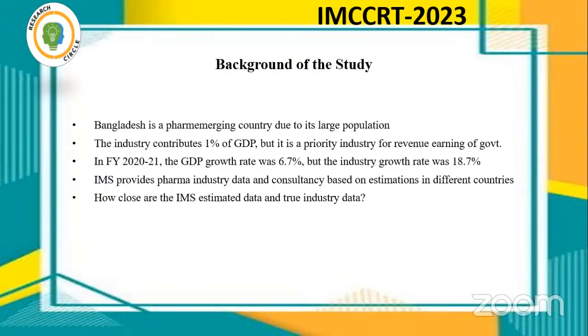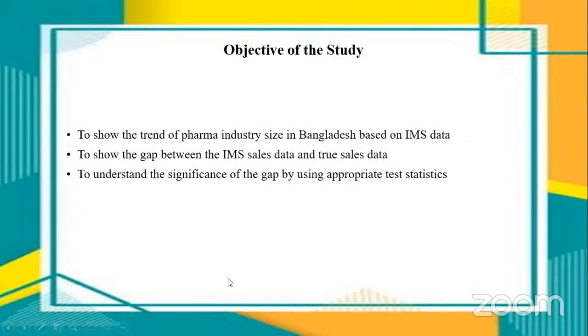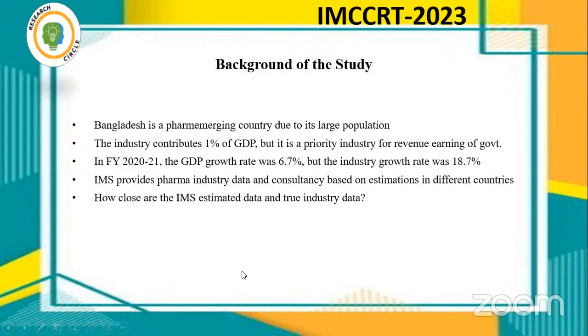In Bangladesh, the pharma industry contributes 1% of its GDP. It is not a very large industry in Bangladesh, but it contributes a significant amount in the revenue earning of the Bangladesh government.